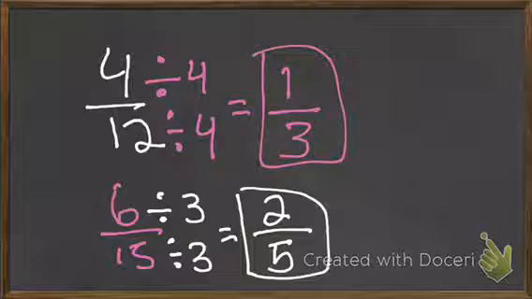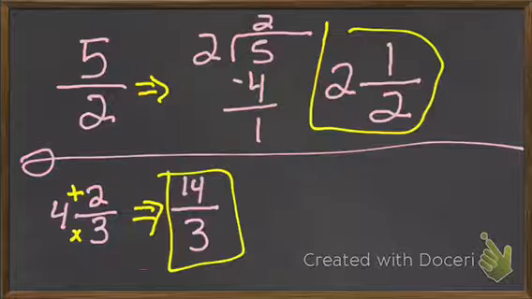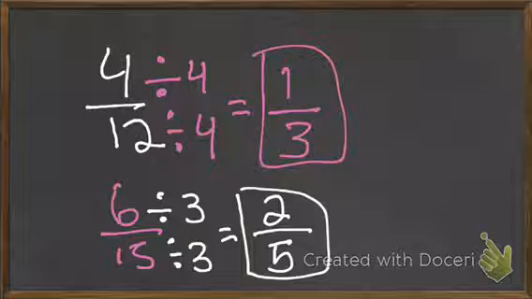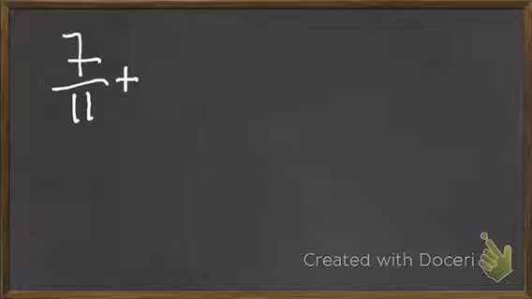Let's see. Let's talk about adding and subtracting fractions. Okay, oops. Let's erase this again. Okay, so if I have 7 over 11 plus 4 over 11, and I told you to add them.